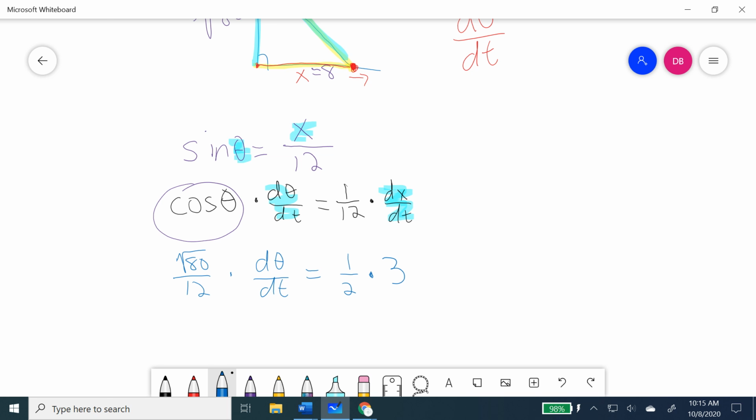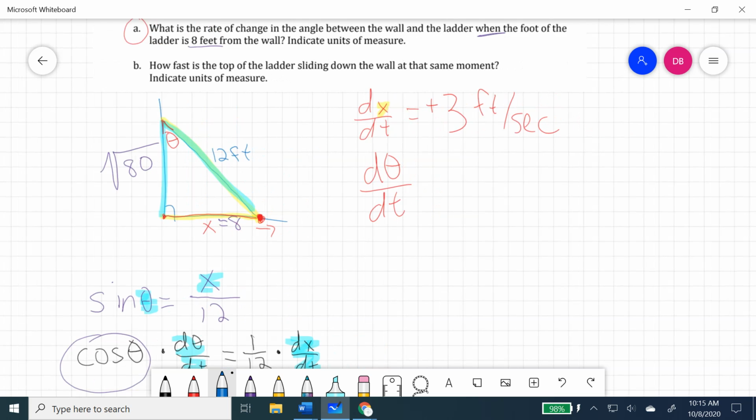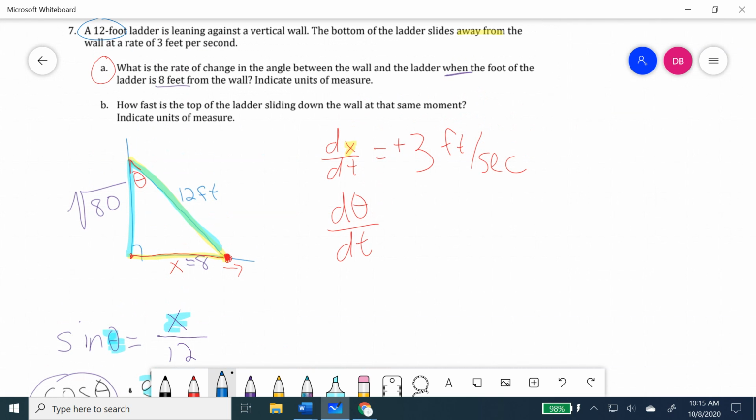So that was part A. Part B, how fast is the ladder sliding down the wall at the same moment? Now I want to go back to the information you were given. While we just found d theta dt, we could use it because we did find it.